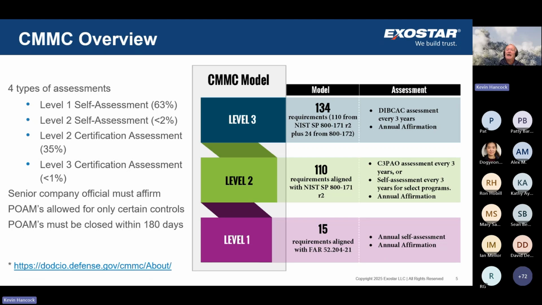Level 2 has 2 different kinds of assessments. For a small number of organizations in this category, they're going to allow you to self-assess against your compliance with the 110 requirements in NIST 800-171. But for the majority of folks in level 2, they're going to require this third-party assessment.